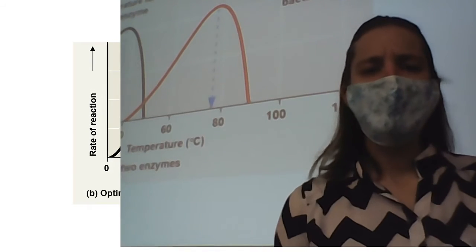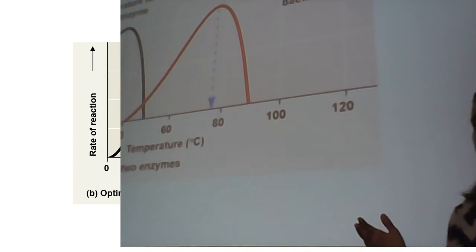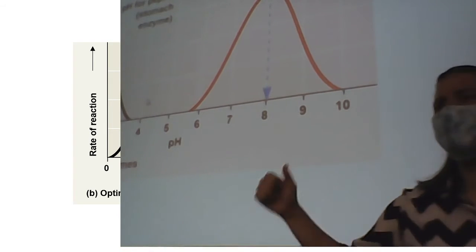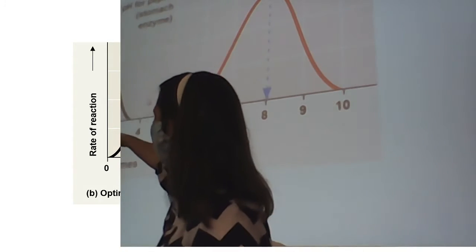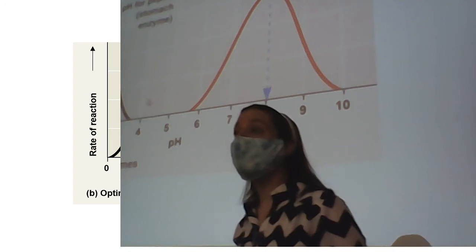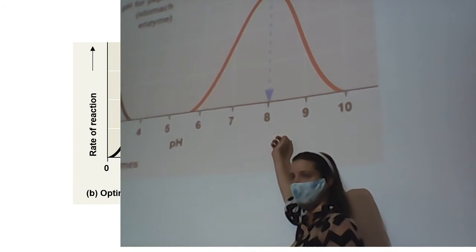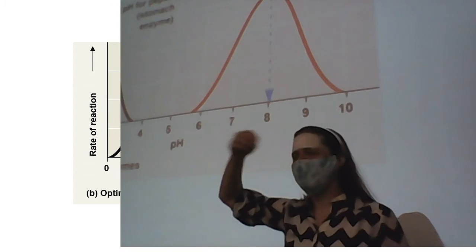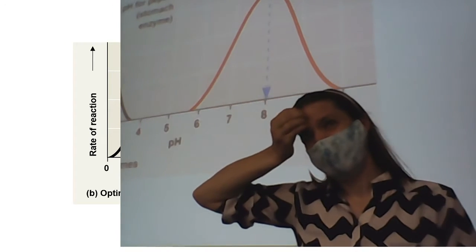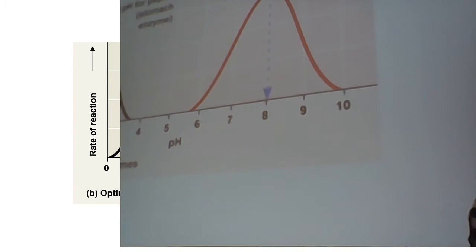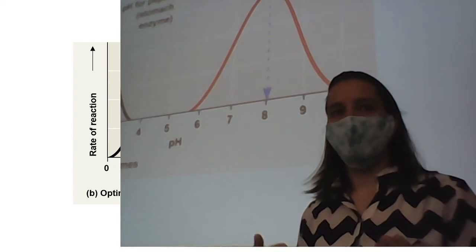And enzymes can do other things too. So, for instance, we're looking at a similar chart of rate of reaction. This time we're looking at pH, not temperature. Remind me, low pH, does that mean acidic or basic? Acidic. Beautiful. So pepsin is an enzyme that lives in your stomach.